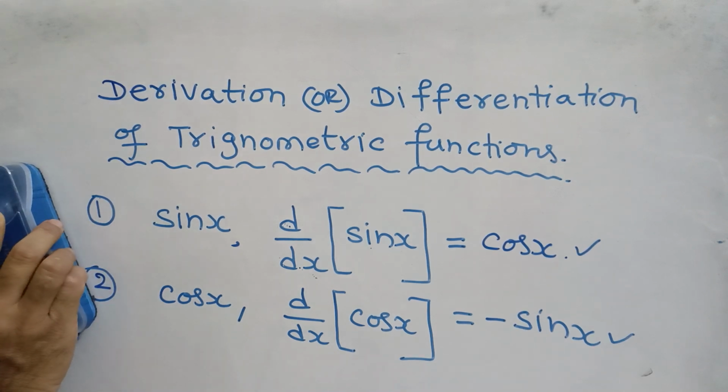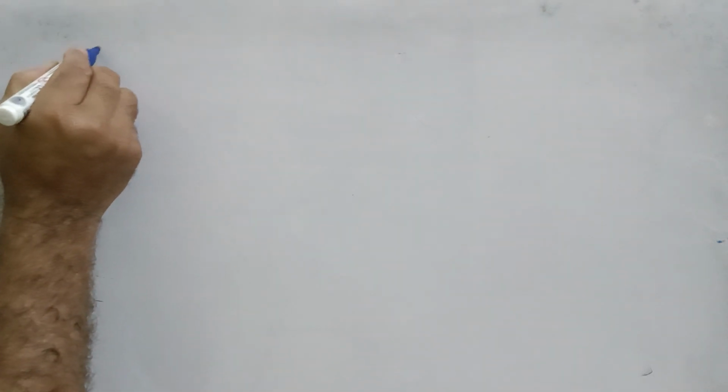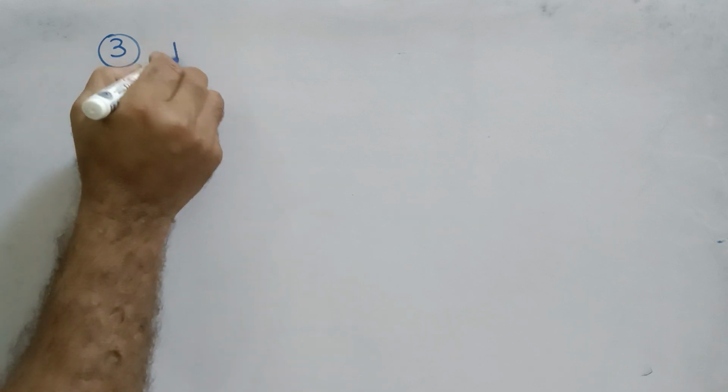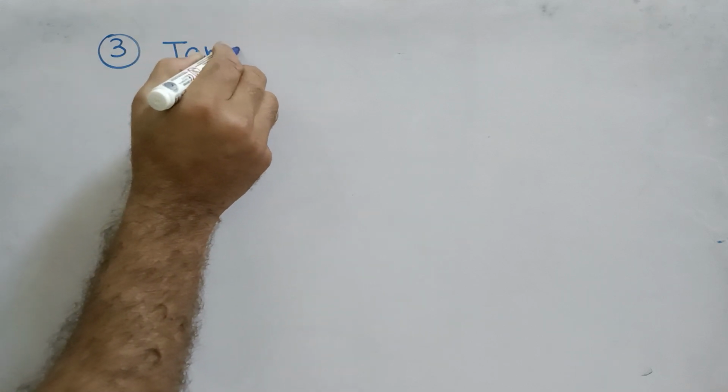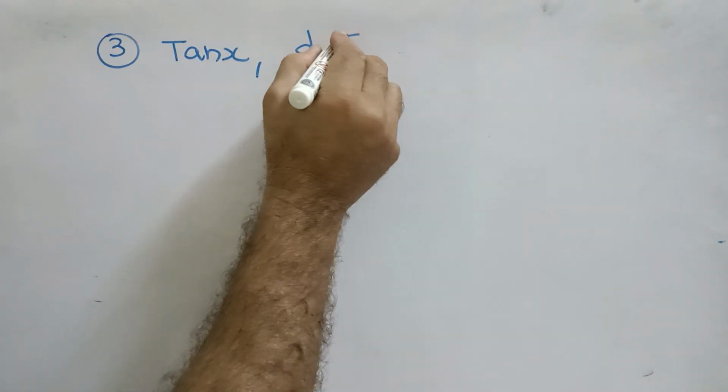D by dx of, what is the third function? Tan x. So you already know the sine value and the cos value. I already explained. Then please try on your own very quickly. What could be the value of the derivative of tan x? The third is tan x. So for tan x, what is d by dx of tan x?